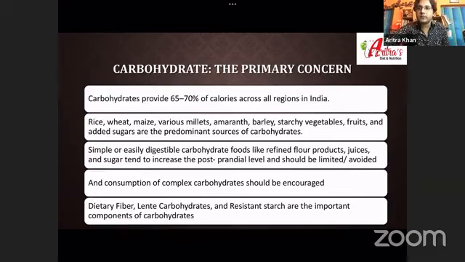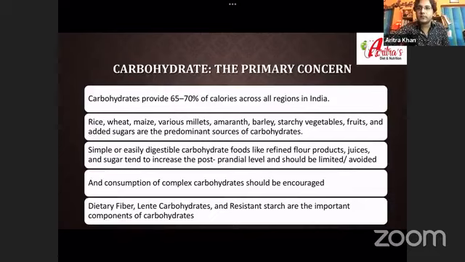There are several types of carbohydrate: simple carbohydrates, basically glucose, fructose, galactose, and complex carbohydrates like oligosaccharides and polysaccharides. This is a very versatile role in the mixed platter of carbohydrate.